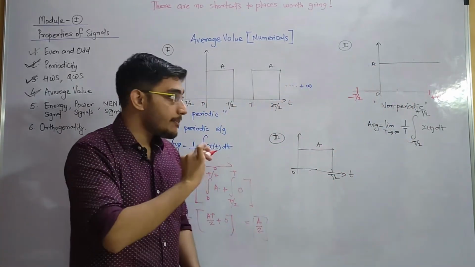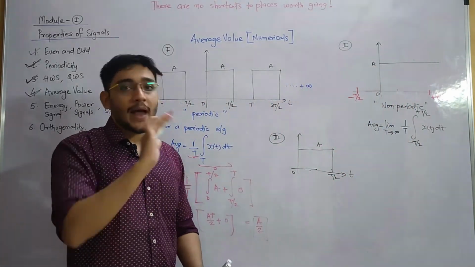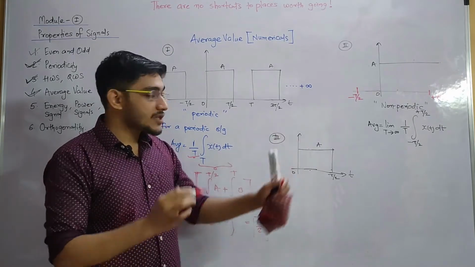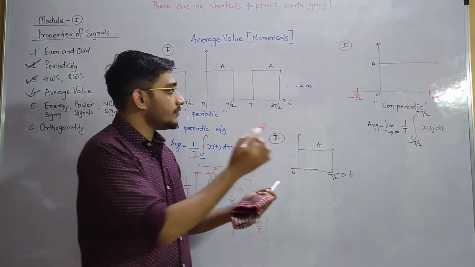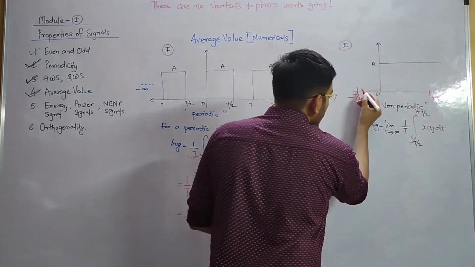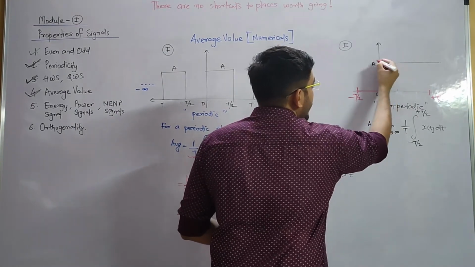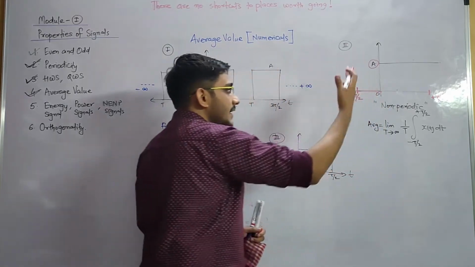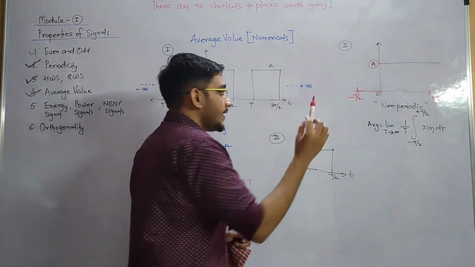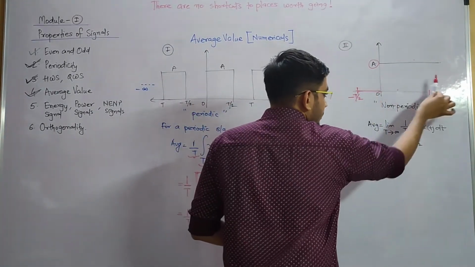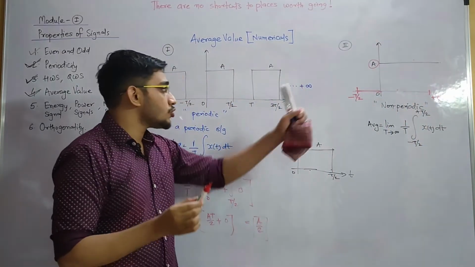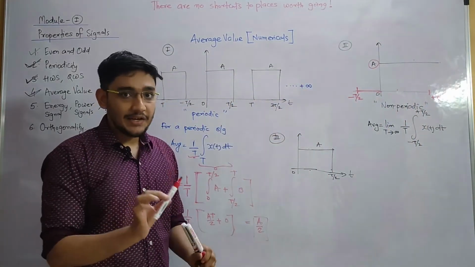So yes, in minus t by 2 to plus t by 2 all the amplitude variations are covered, because I'm going initially from a 0 value to some amplitude a. So the amplitude variations are covered in the duration of minus t by 2 to plus t by 2. This consideration is exactly correct.